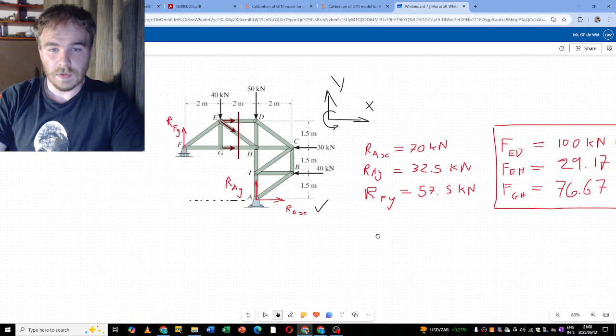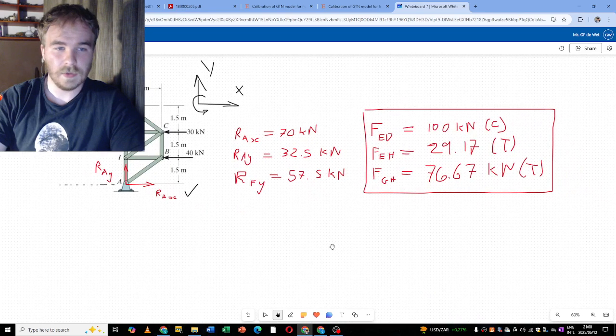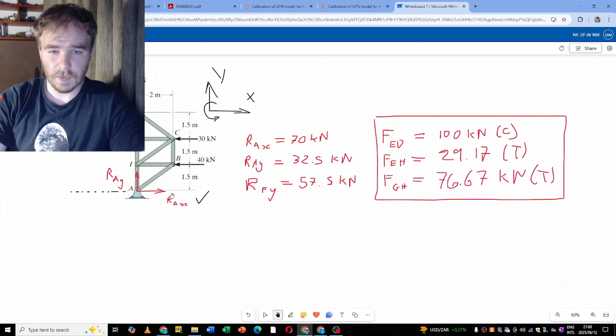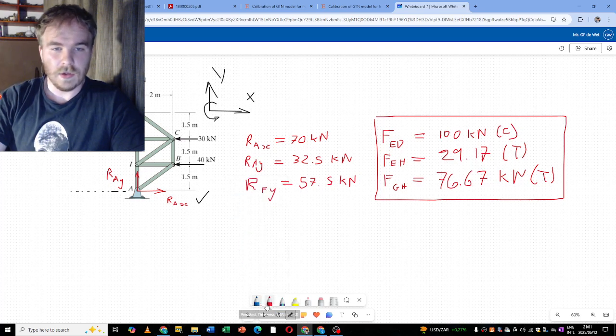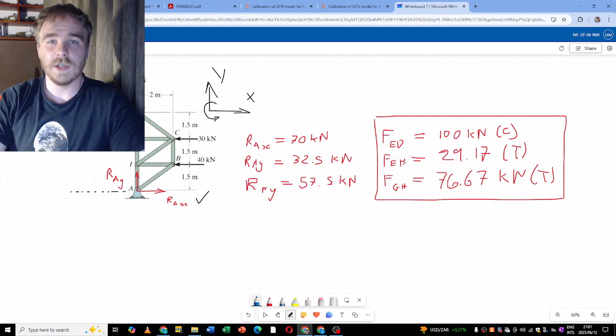Alright, so let's first set up a sort of table for all the forces that I want to calculate, and then we can fill it in as we go along. For the reaction forces, I'll link the previous video where we did those calculations in the description below.